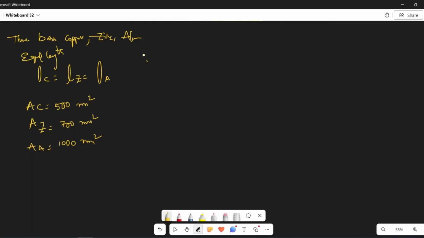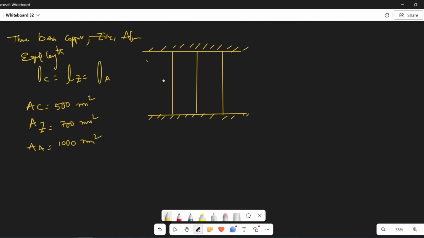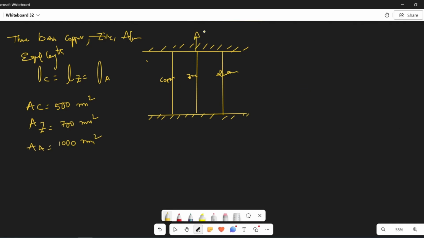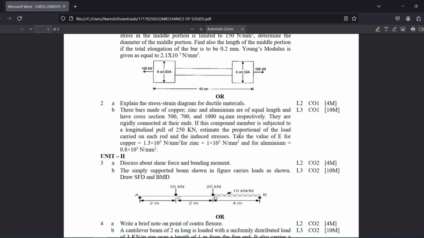What do they say? Let us say these are attached together, so their lengths are the same, under the longitudinal load.